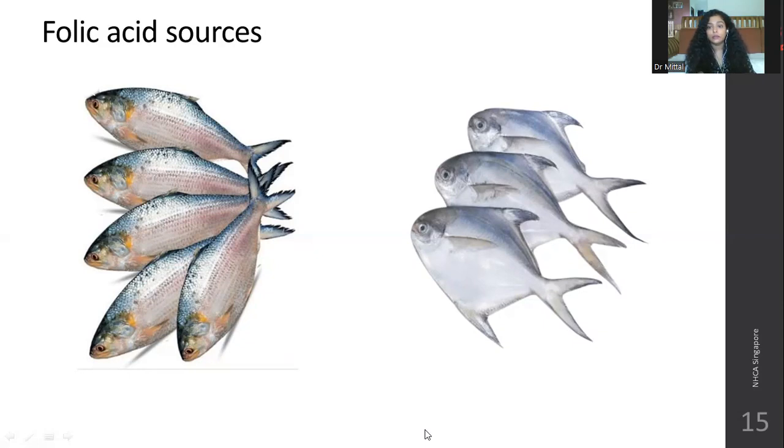Vitamin C, iron, and folic acid enhance each other's absorption. And also vitamin B12. Vitamin B12, you can get it only from non-vegetarian sources.